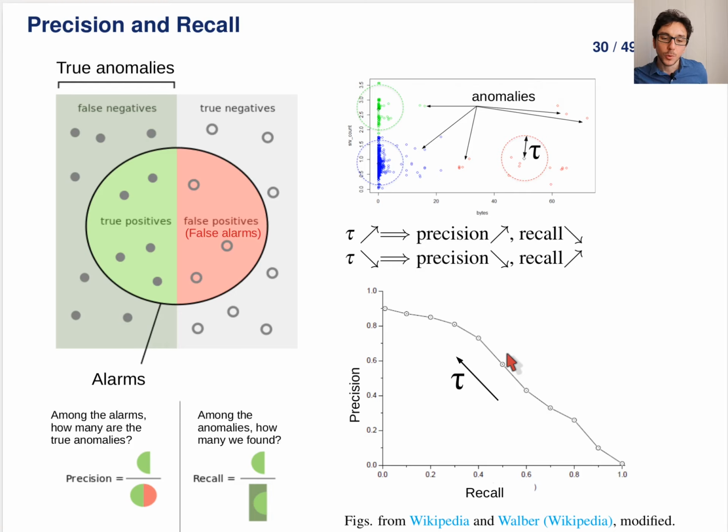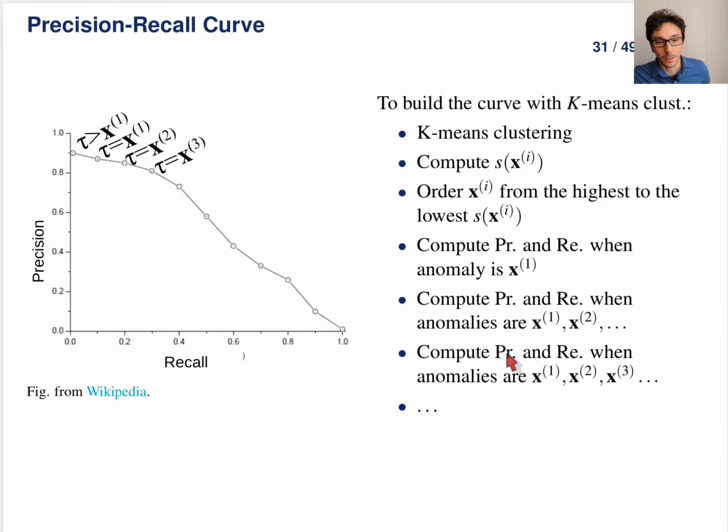So how do we plot this curve with the dataset? Well, we will do as follows. So we run k-means clustering, we compute the anomaly score of each sample, that is the distance with respect to the centroids, and then we order the samples from the highest score to the lowest.